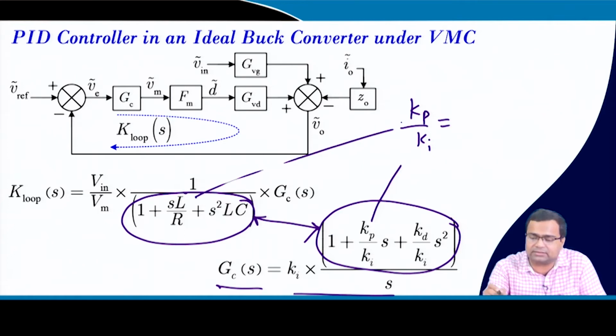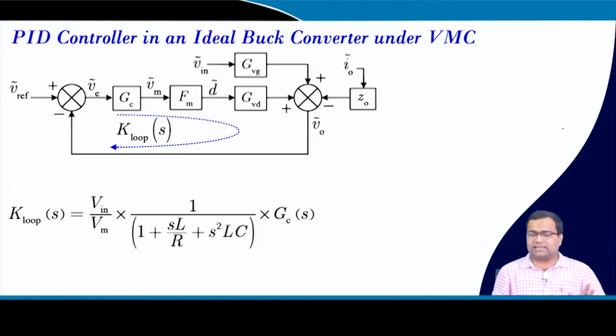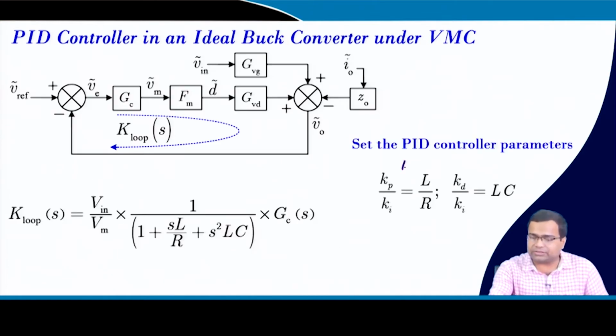It is L by R. Similarly, Kd by Ki will be equal to Lc. But now we have two equations, equation 1 and equation 2, but we have 3 unknowns, Kp, Ki, Kd.